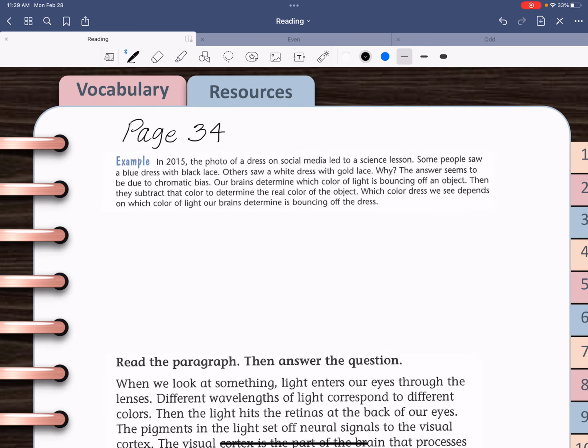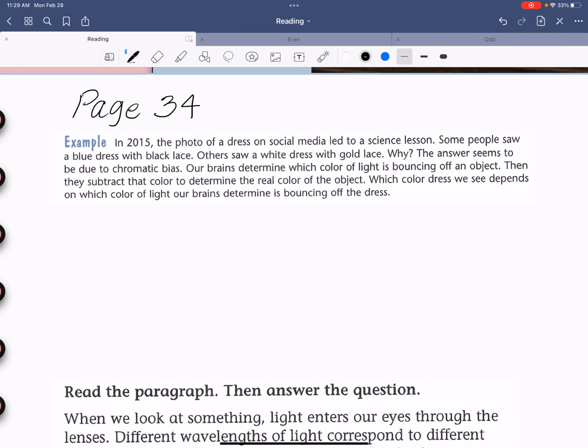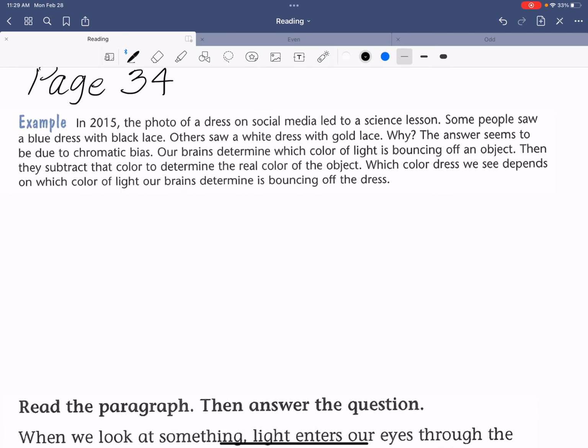Okay, here's our first example. In 2015, the photo of a dress on social media led to a science lesson. Some people saw a blue dress with black lace. Others saw a white dress with gold lace. Why?